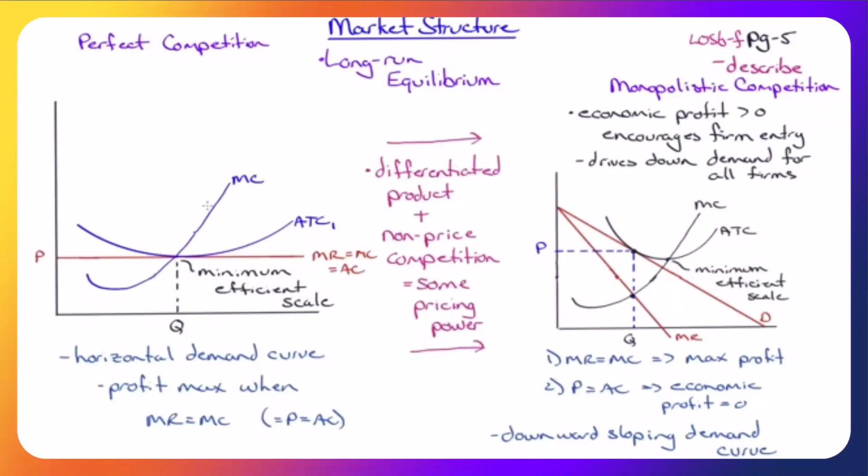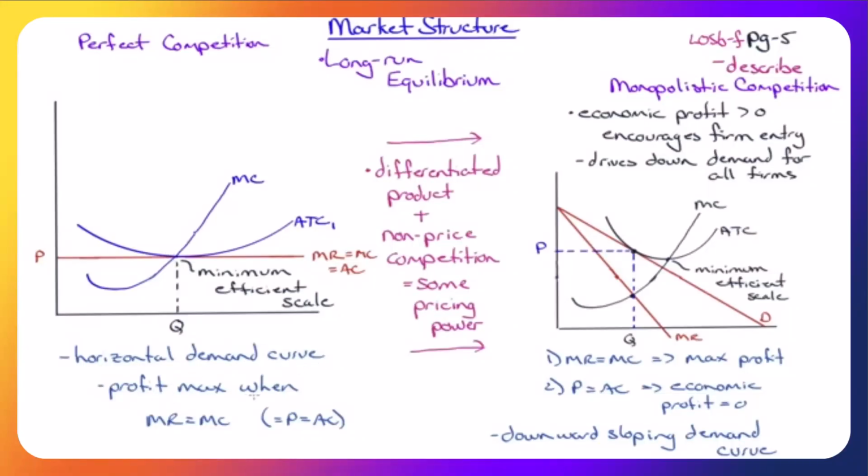And if there is negative economic profit, it encourages firms to exit the industry, thereby decreasing supply. So in the long run, it's still the marginal cost and marginal revenue intersection point that will determine optimal output. But now firms will be operating at the minimum point of the average total cost curve. That's called minimum efficient scale. It's either you operate there or you leave the industry. So that is where economic profit will equal zero.